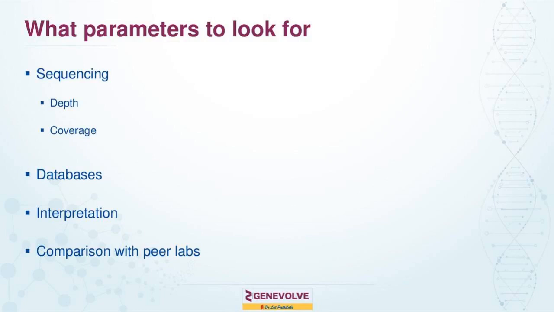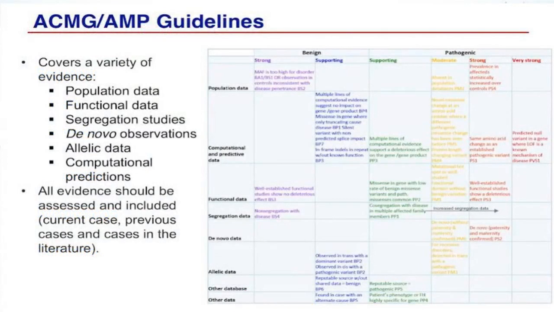While QIAGEN Clinical Insight Interpret is one of the key bioinformatics tools which is used, there are others which we use in the lab before we give out a report. The ACMG and the AMP guidelines say that you need to look at the population data, the functional data, and also do computational predictions, and all evidence should be assessed and included in the report.